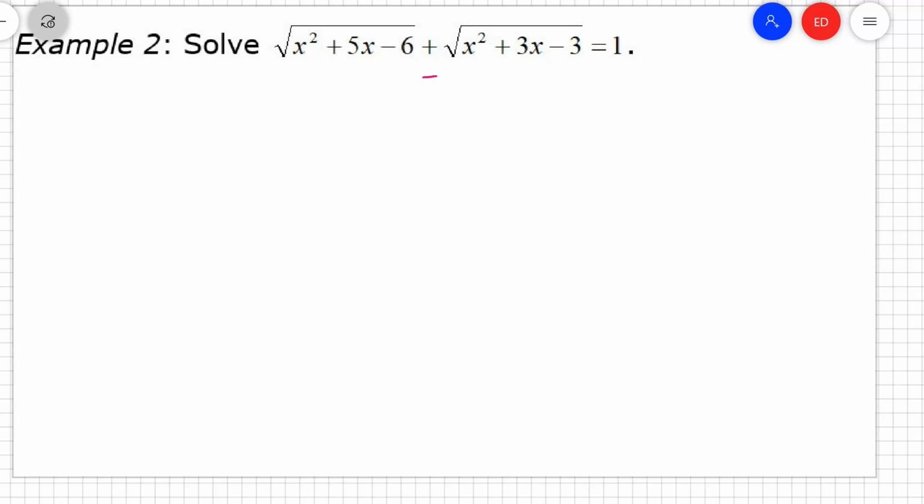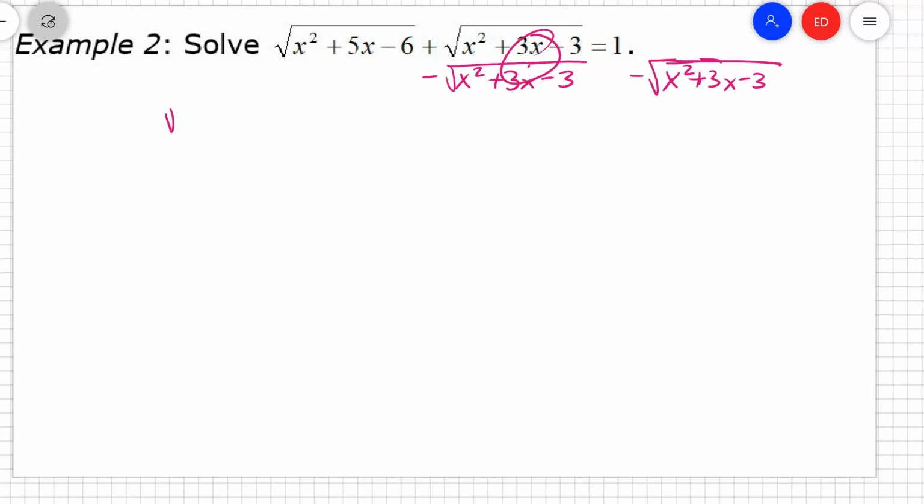So we're going to subtract the square root of x squared plus 3x minus 3 on both sides. This becomes 0.